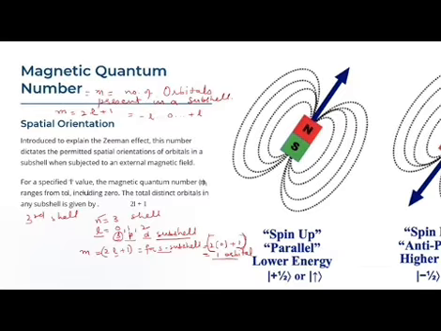Clear? Now the second subshell, the P subshell. In the third shell, there are 3 types of subshells. Now for these 3 types of subshells, individually we will calculate the number of orbitals. First we have calculated the number of orbitals in S, that is 1 orbital.